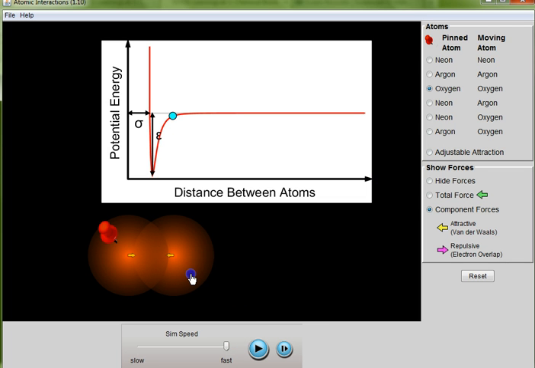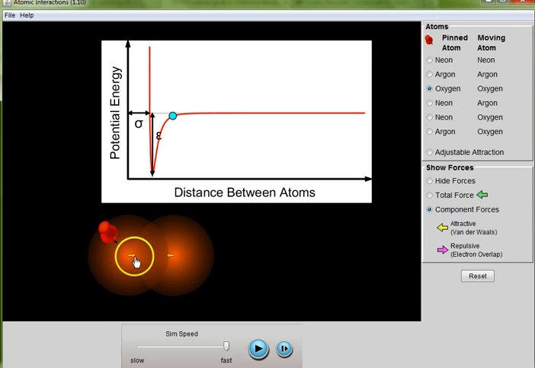At this particular distance, you see that a little yellow arrow is coming up. Do you guys see that? The yellow arrow is basically the attractive force, the van der Waals attractive force, between the atoms.